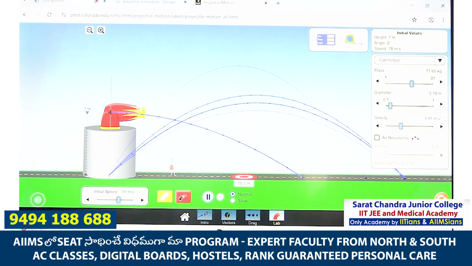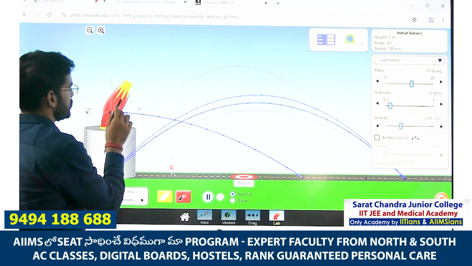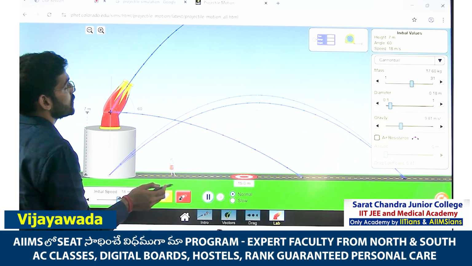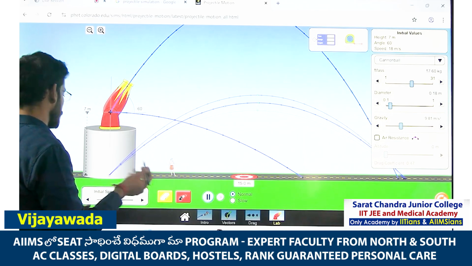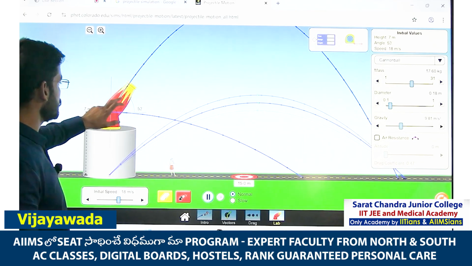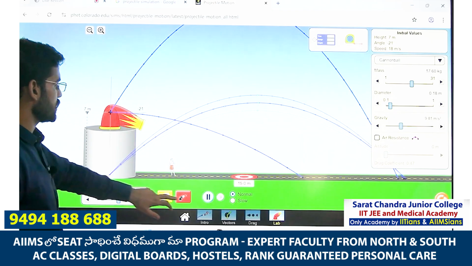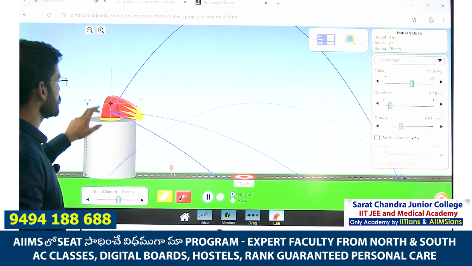Okay. So this is one thing, and the other thing is, if you project at a certain angle, then also it will be like this. That's how it is done. Many projectiles you can do, and other than that, at a low angle also you can do the same. It looks like a straight line, but actually it is a projectile only.